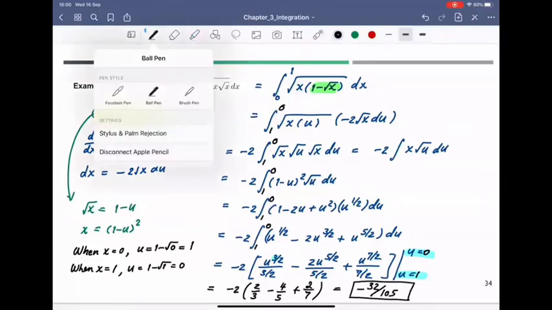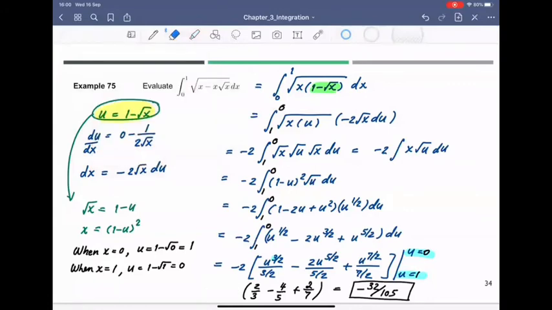One second. Thank you, thank you. So that's going to be negative 2 times 0 first, right? When I plug in u equal to 0, I get 0 here. And then I plug in u equal to 1, so I get that. So the answer is going to be capital F of 0 minus capital F of 1.